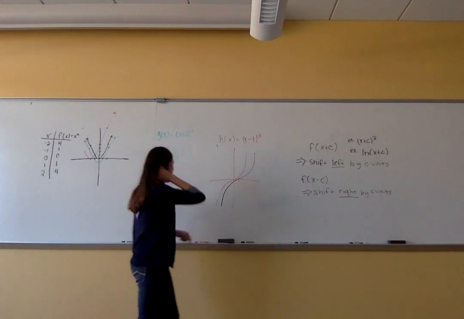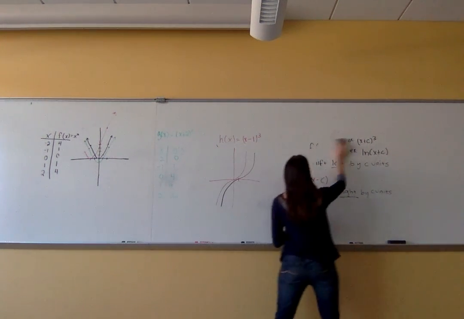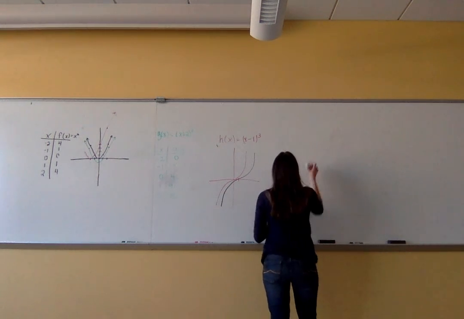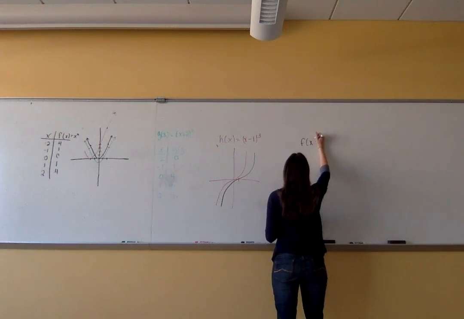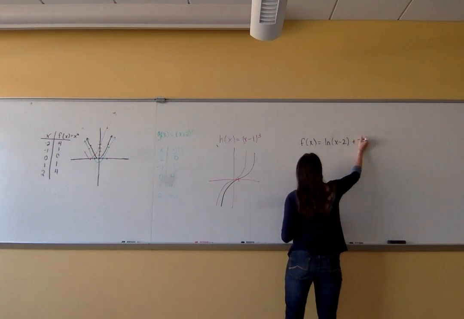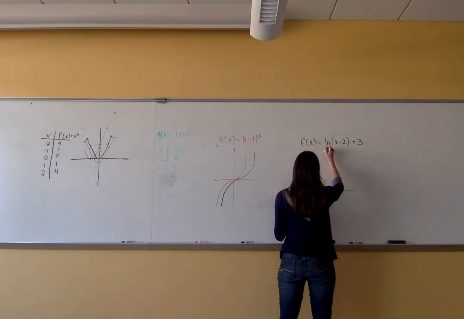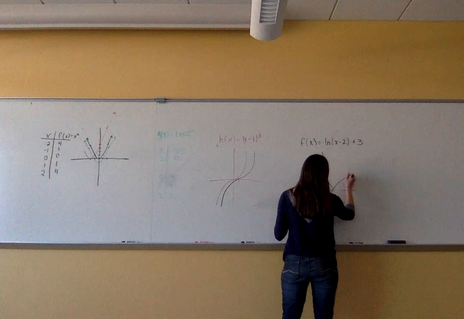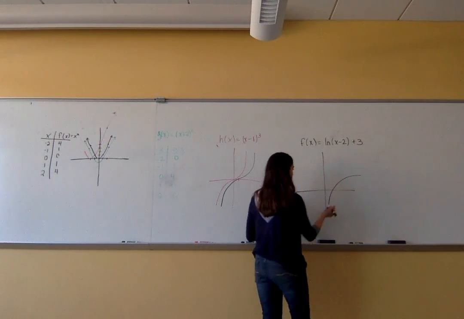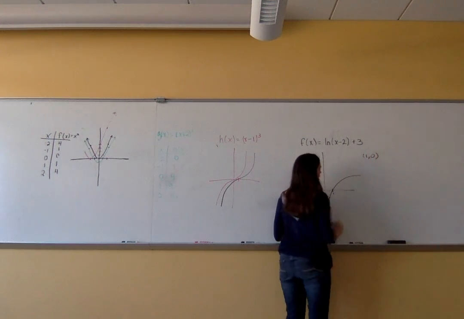So now let's think about how we can put these together. If I have the graph f of x equals ln of x minus 2 plus 3, then I can draw the original ln of x, which looks like this. The first thing that I can think about, this is 1, so we know one point, 1, 0.